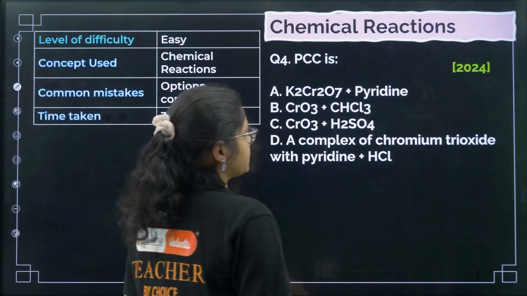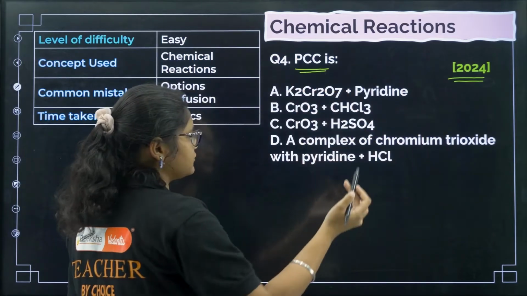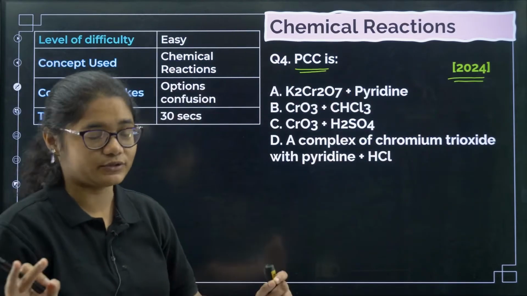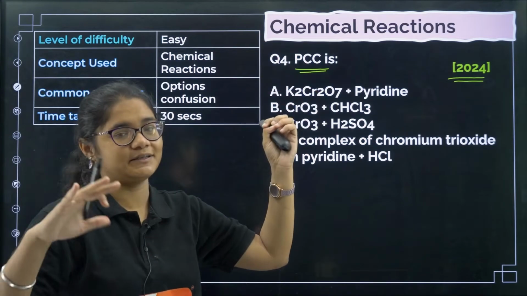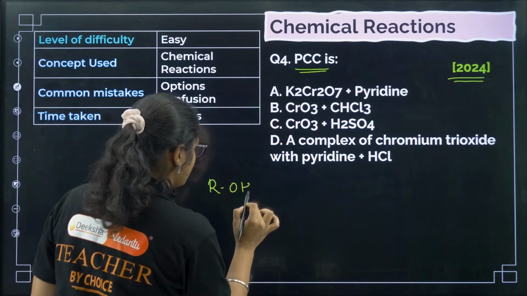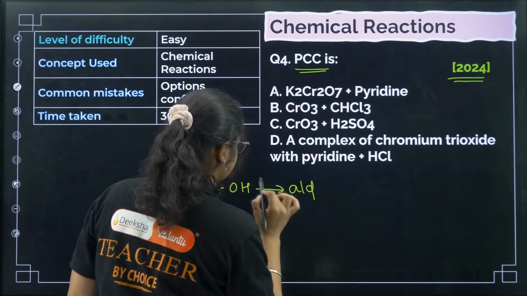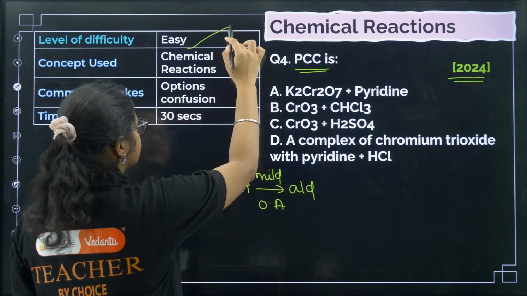Next, again questions are from your chemical properties. 2024 question, PCC is. So this is a very easy question. If you know the very commonly well known reagent, we generally use PCC or PDC to convert alcohols to aldehydes, right? This is a mild oxidizing agent, okay? So super easy question, I can say.